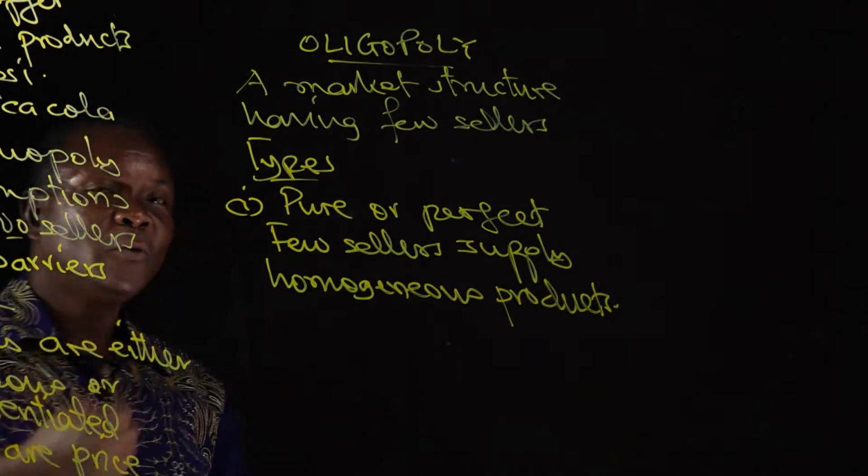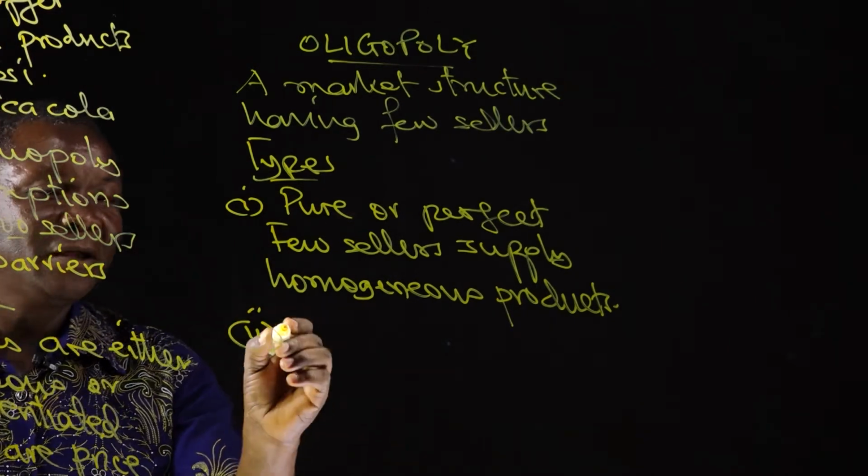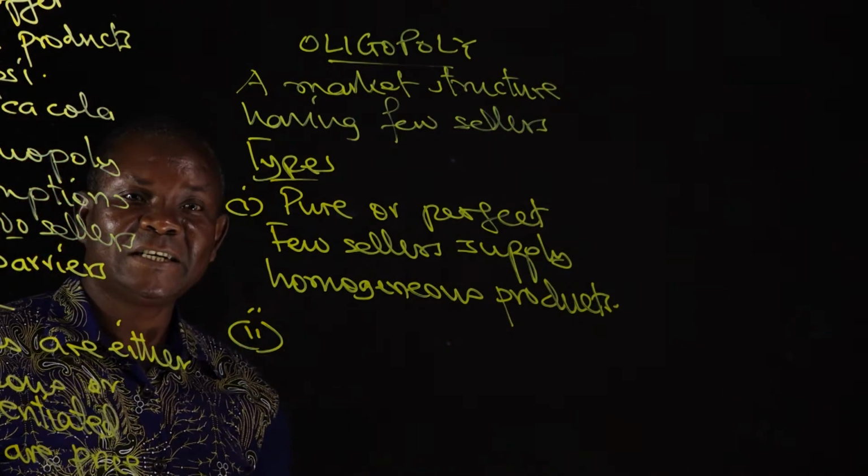With the second one, which is imperfect or differentiated oligopoly, the few sellers supply differentiated products.